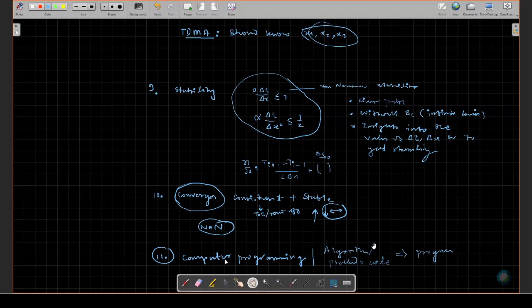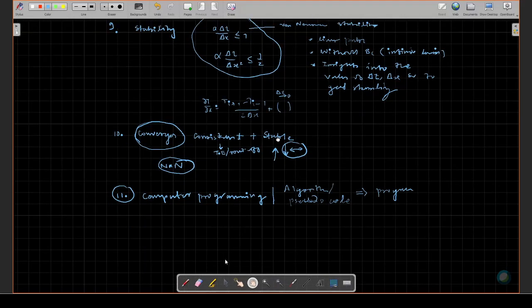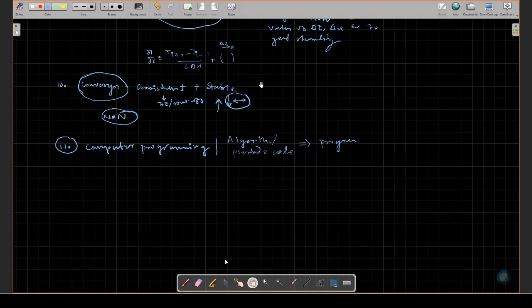So you know the difference between these. An algorithm is some sort of sequence. A program is an algorithm as a sequential set of instructions.